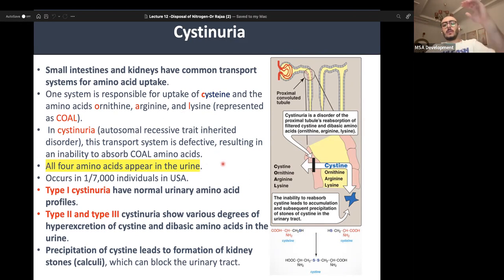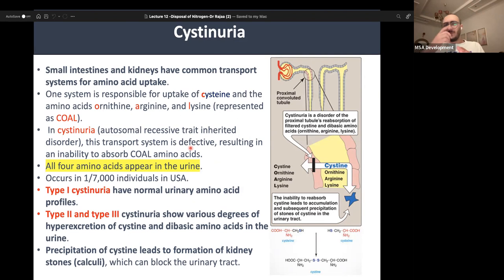A scenario will come in your exam, talking about a patient, blah, blah, blah, and you will spot one sentence in the whole scenario saying lab tests showed COL amino acids, or for example, lab tests showed cysteine in urine, or ornithine in urine, or any one of them, or all of them maybe. You directly know that this is cystinuria.